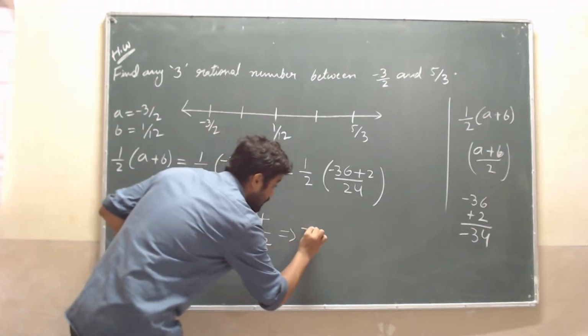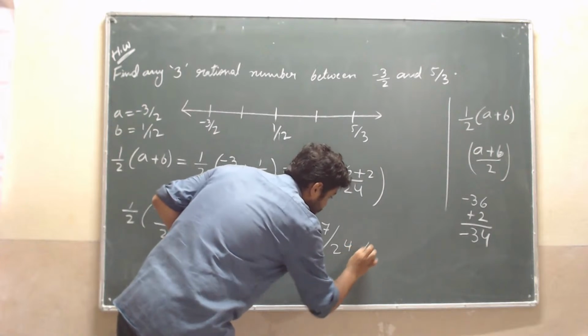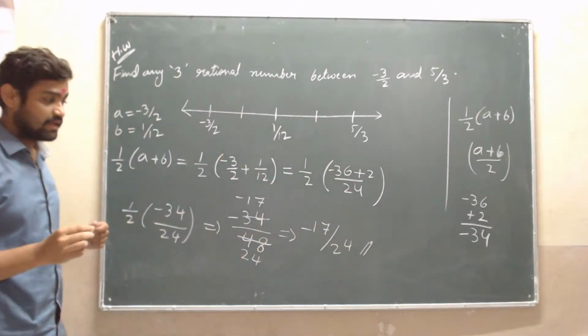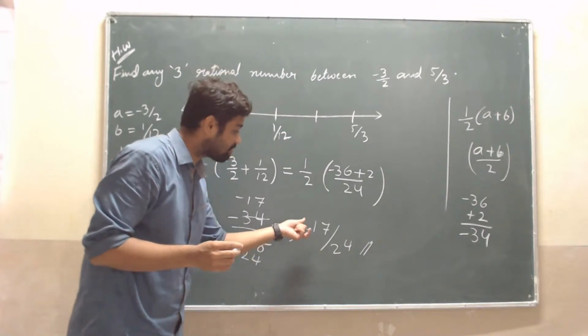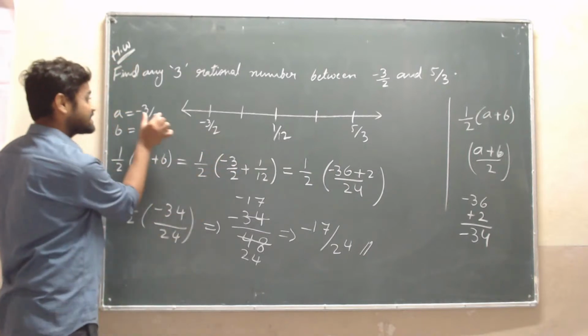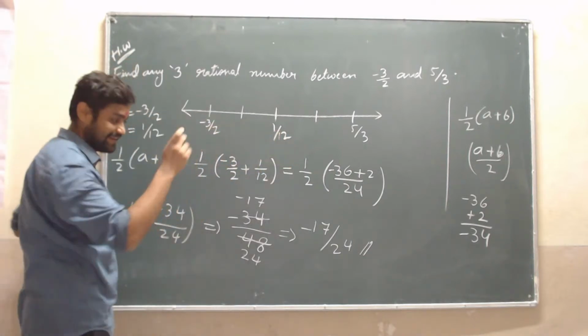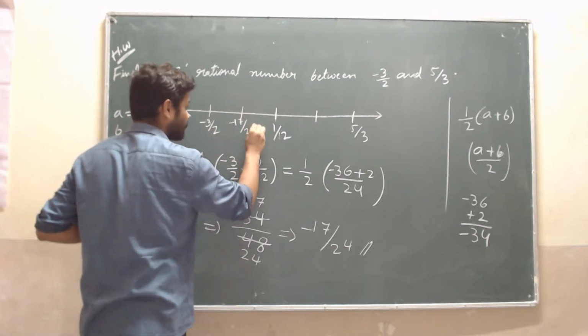That is minus 17 by 24. Again, it can't be simplified, right? That's why minus 17 by 24 is the rational number between minus 3 by 2 as well as 1 by 2. Now write it here: minus 17 by 24.